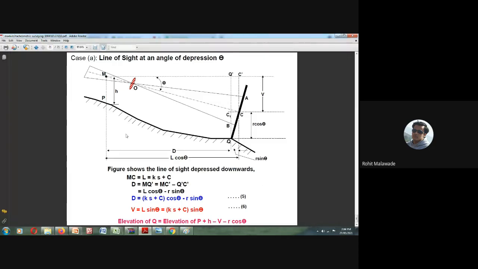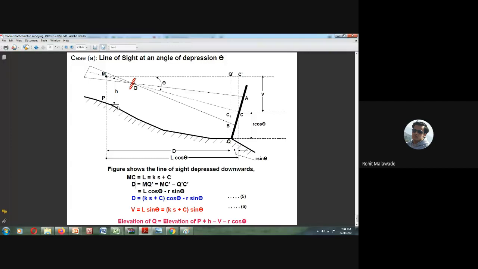If we want the horizontal distance D, again here the length L will become equal to MC, which is Ks plus C.